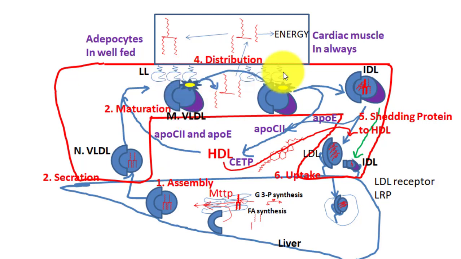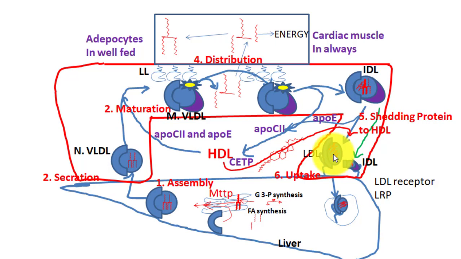It converts into IDL after shedding apoCII, and IDL converts into LDL after shedding apoE. Then LDL receives cholesterol ester from HDL, and ultimately LDL is taken up by the hepatocyte through the LDL receptor. So this is the whole mechanism.